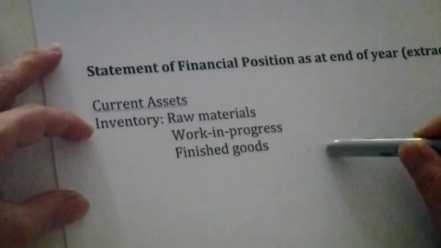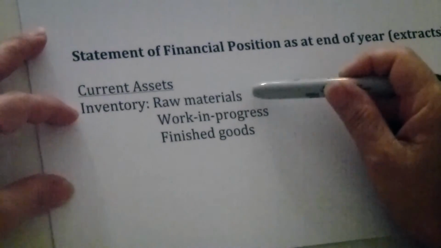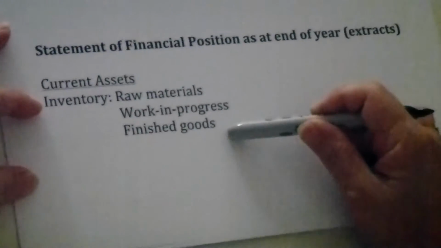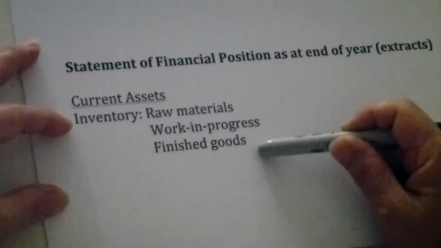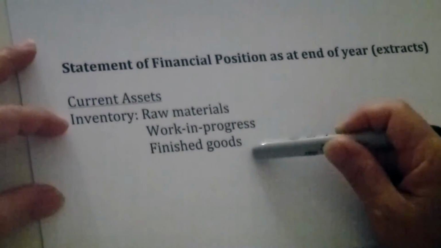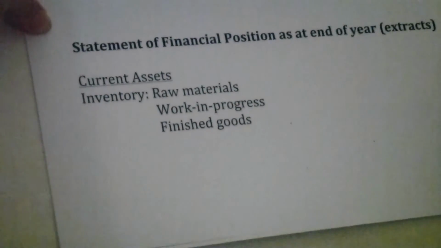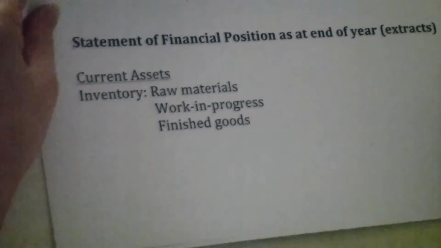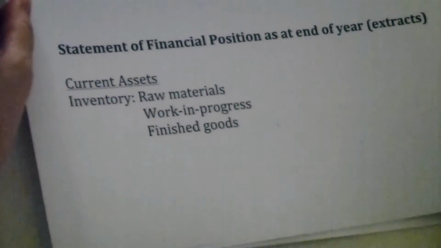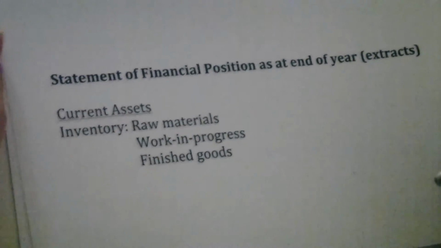All this still belongs to you, whether it's raw materials, work in progress, or finished goods. It's unsold, they are assets. It's the inventory, just different types of inventory. So the statement of financial position will be exactly the same as that for any other business.